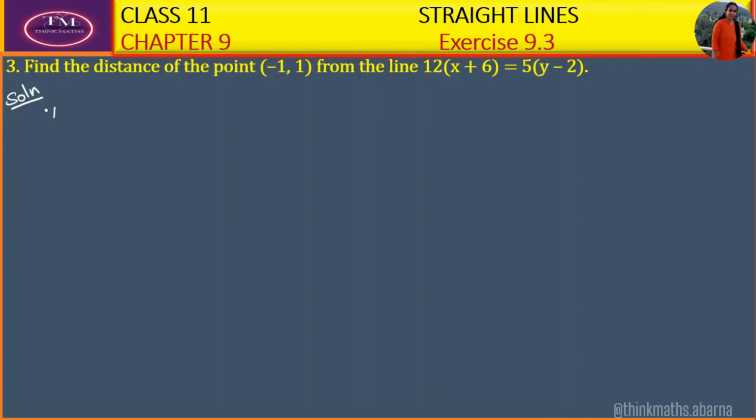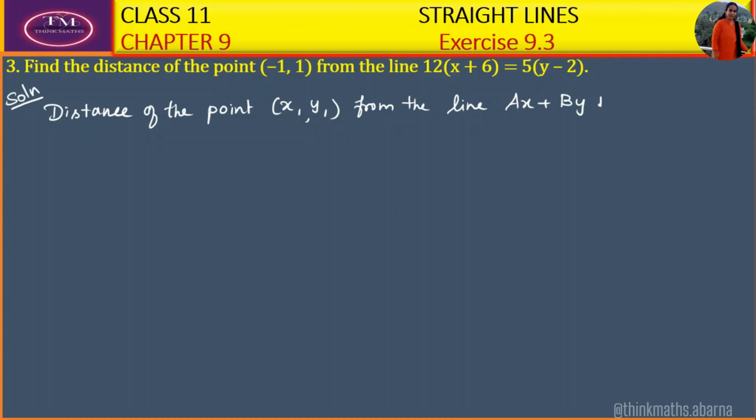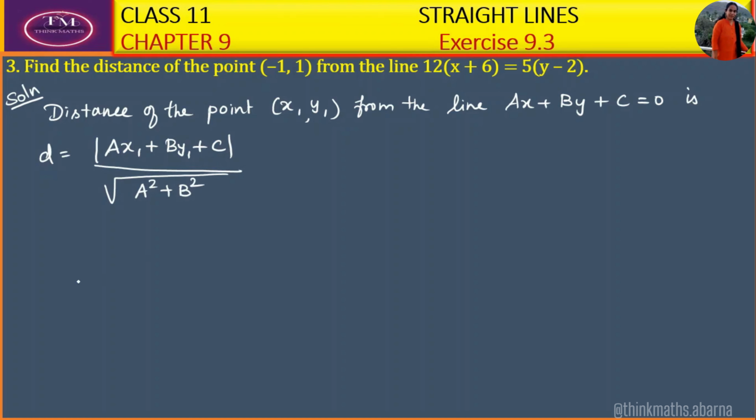We know that the distance of the point, general format, x1 comma y1 from the line ax plus by plus c equal to 0 is given by d is equal to modulus of ax1 plus by1 plus c divided by square root of a square plus b square. So this is the formula.